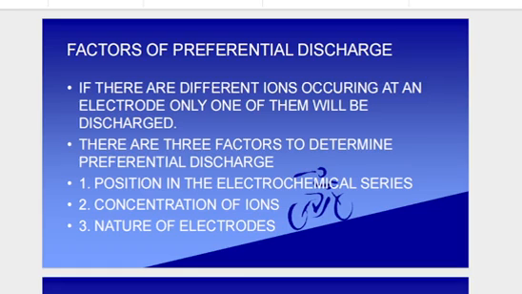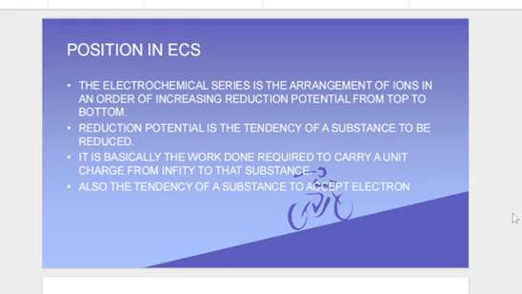Now listen, we would need to first check between the two of them who is stronger, and to be able to check who is stronger, you will need to know the electrochemical series.